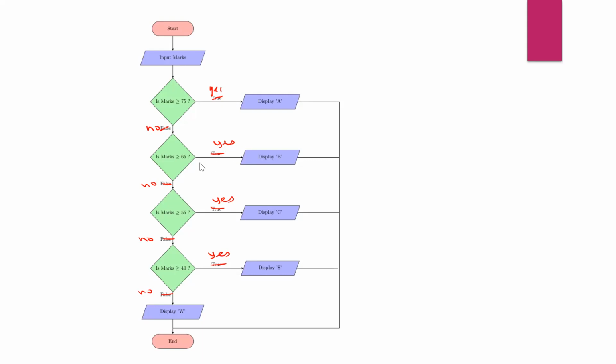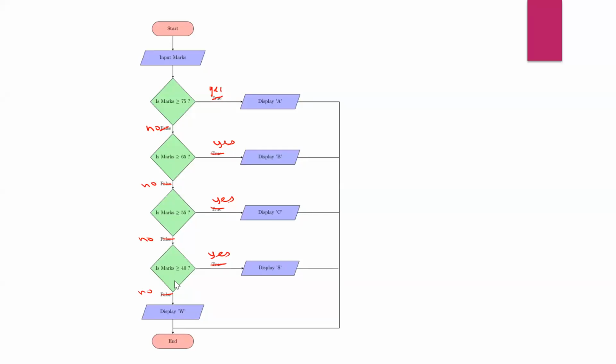If I take 60 for example, you come here and check whether marks is greater than or equal to 55. Yes, you will get C. Let's say 50, then it comes down here, marks greater than or equal to 40, yes, you display S and that's the end of it.